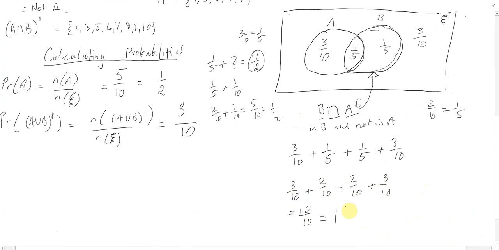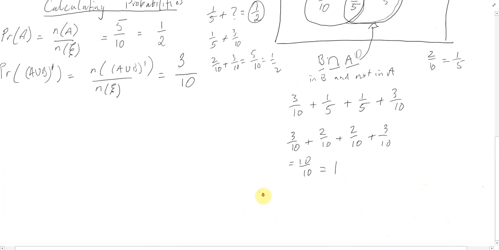And that's absolutely no surprise, because if you add all of the possibilities up, one of those possibilities has to happen. So our total probability for any event at all occurring is always going to be 1, because something needs to happen. When you pick one of those numbers, you have to have picked a number.